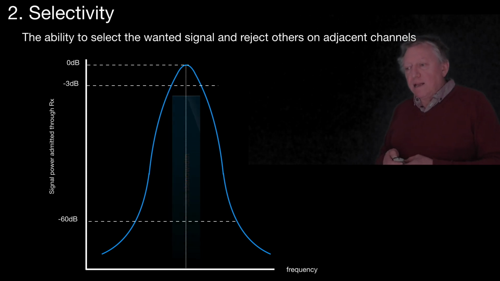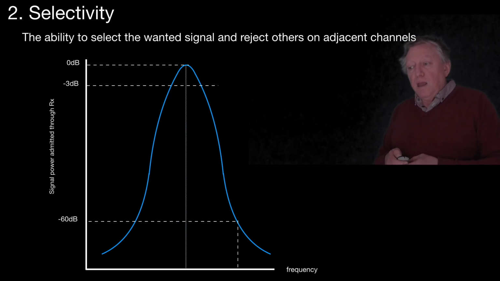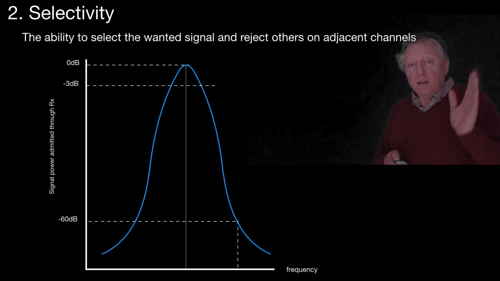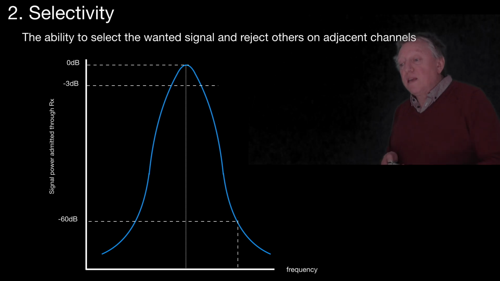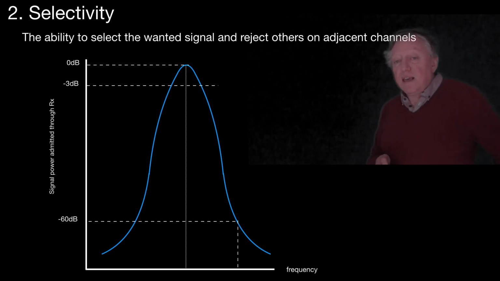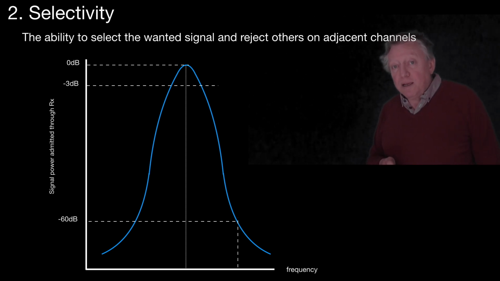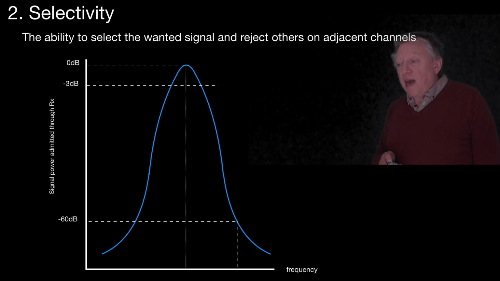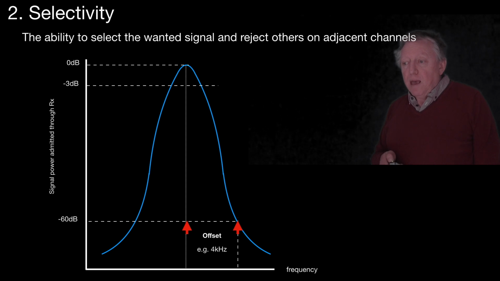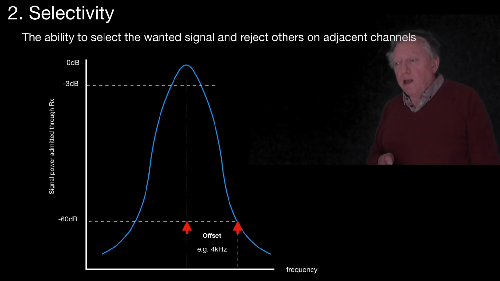So, looking at the selectivity, if we then plot the difference between the center frequency and when we receive a level of minus 60 dB on our audiometer, then that is the selectivity of the receiver. And on this receiver, we say that the selectivity is 4 kHz.